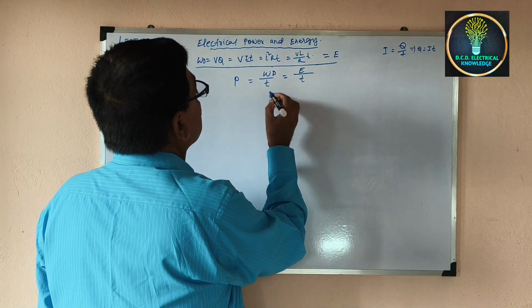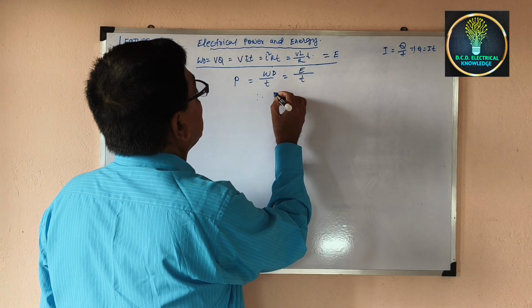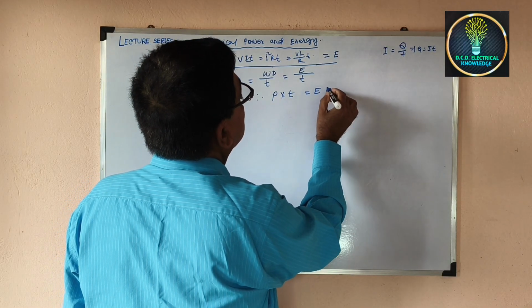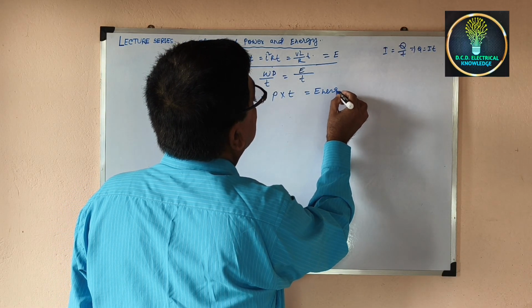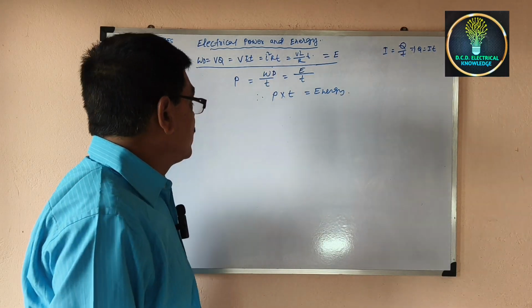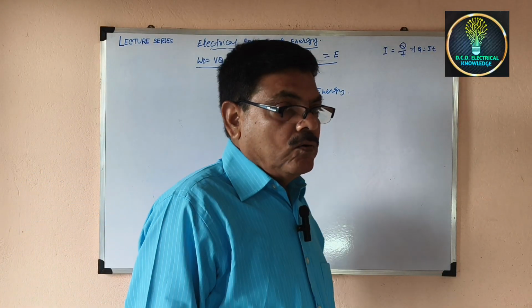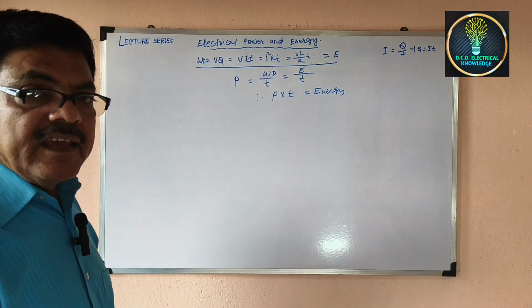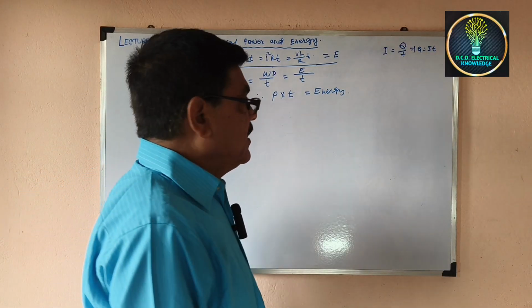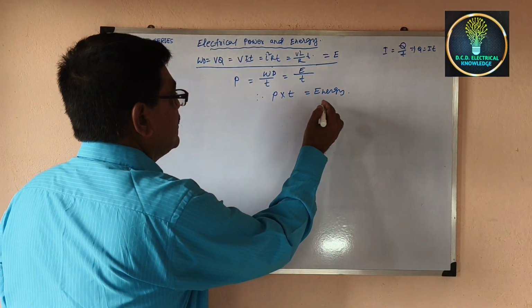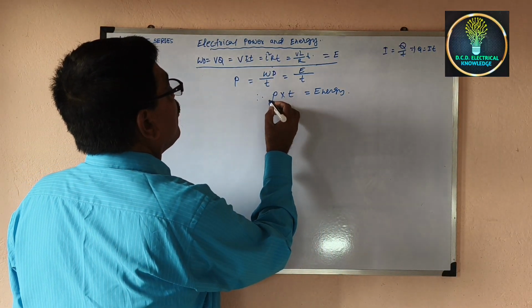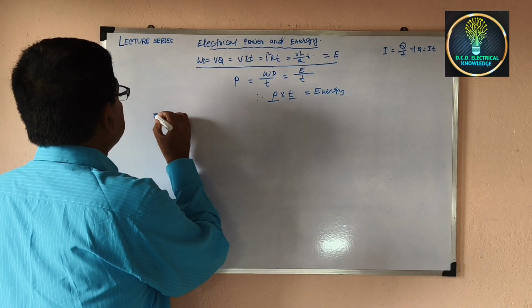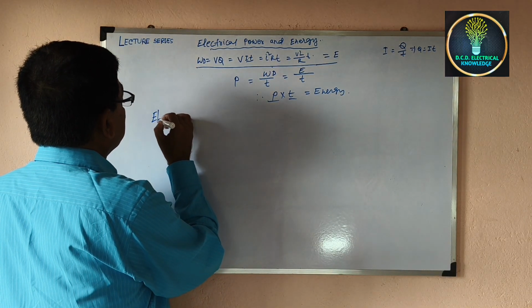So from this we can derive P into T is equal to E. So we can say that electrical energy is nothing but the product of electrical power and time.